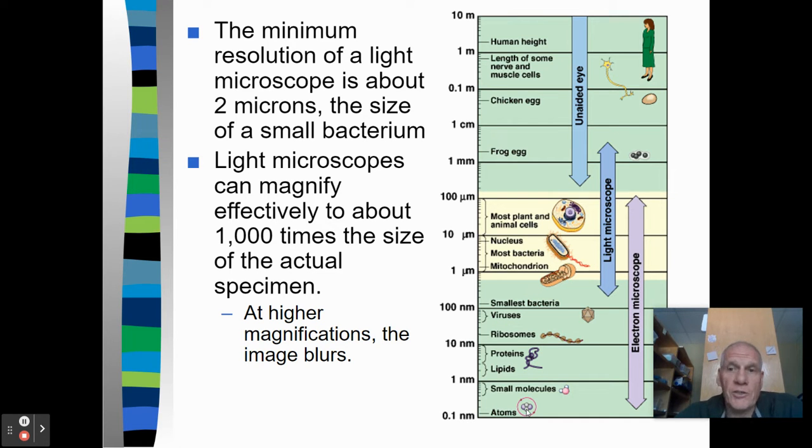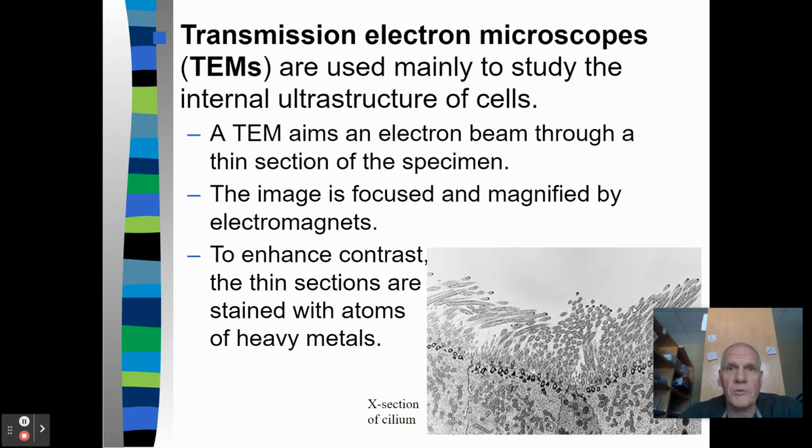As you can see on the diagram over here, we can just barely see some of the cell organelles, and below that we're going to have to use stronger microscopes. Those are called transmission electron microscopes or scanning electron microscopes, and they don't use wavelengths of light. They use electron beams.